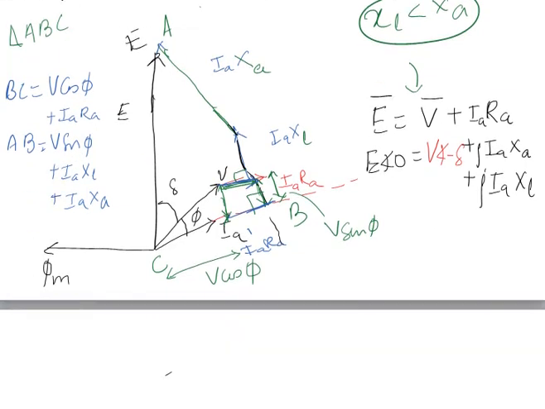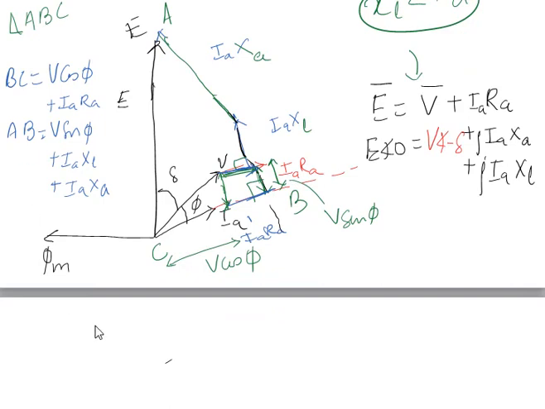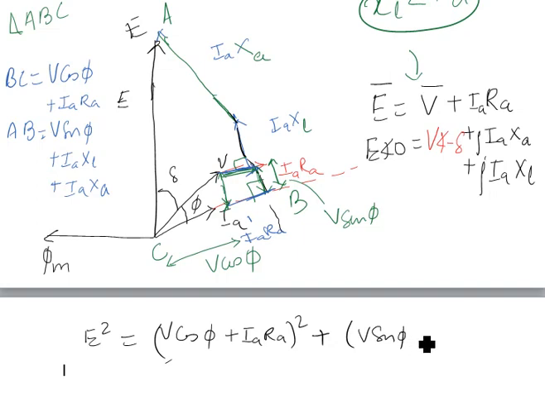Using Pythagoras theorem, you can write that E square is equal to (V cos phi plus IA RA) whole square plus (V sin phi plus IA XL plus XA) whole square, taking IA as common.